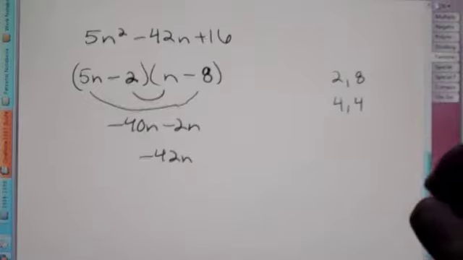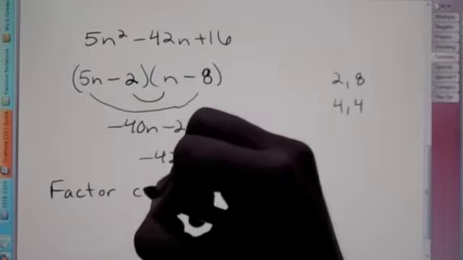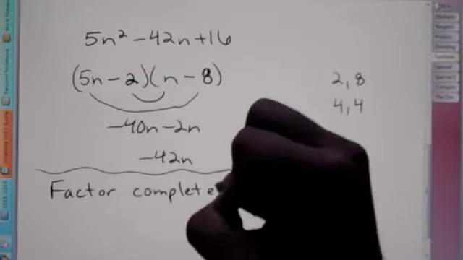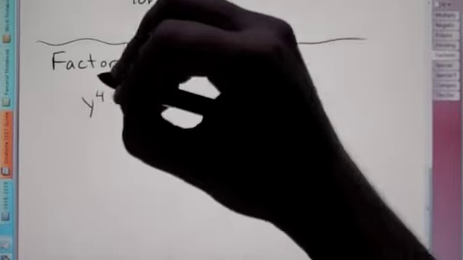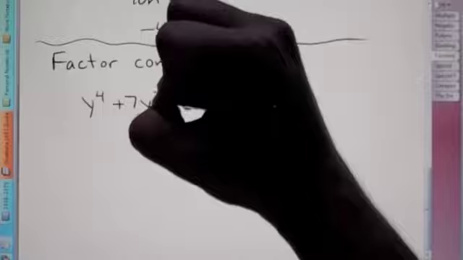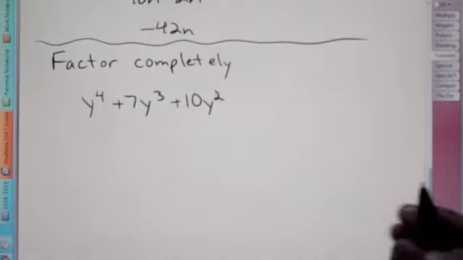Our next one, the directions are factor completely. So I'm going to give you a polynomial here. y to the fourth plus 7y to the third plus 10y squared.